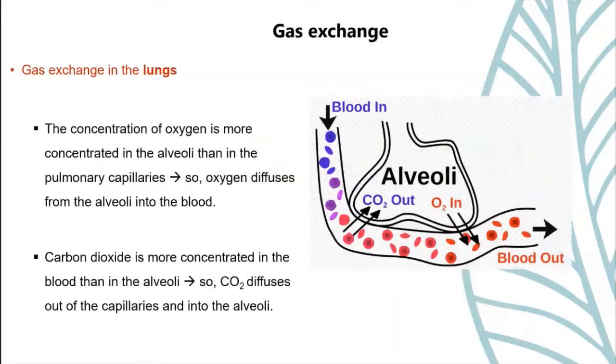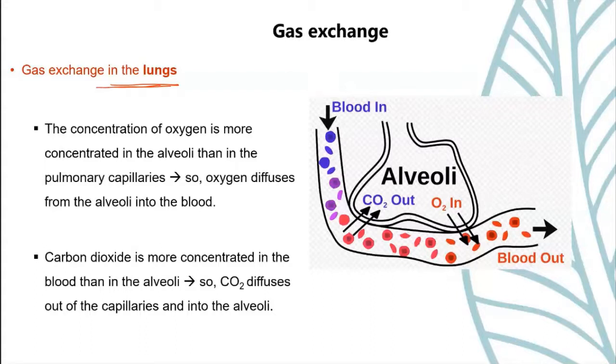We are going to look at gas exchange in the lungs first. The concept is the same as long as you understand the concentration or partial pressure of oxygen and carbon dioxide. The difference in partial pressure is the same thing.